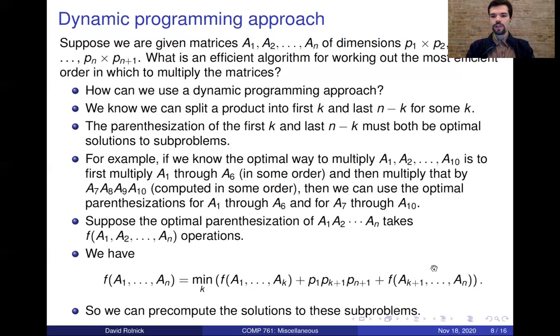Sorry, I should have said, are we going to have to compute f of A1, A2, A3? Will that be one that we have to compute? I'm writing things in the chat.